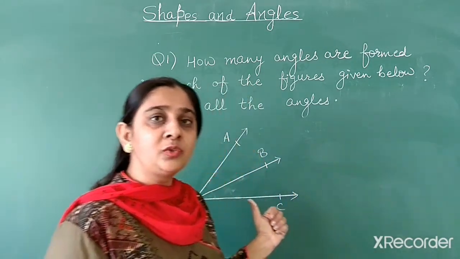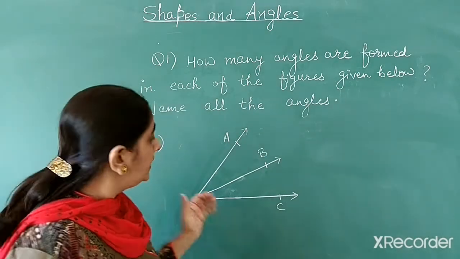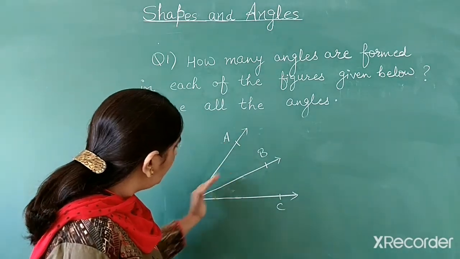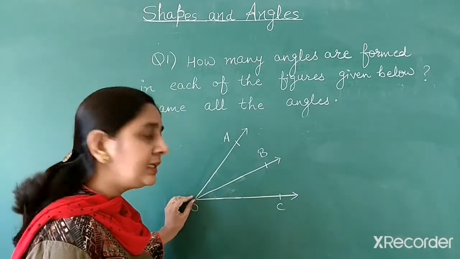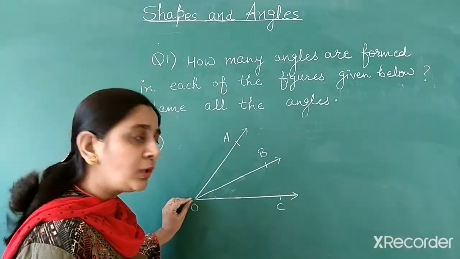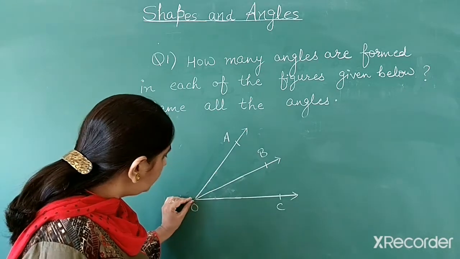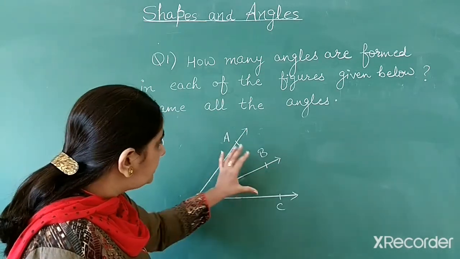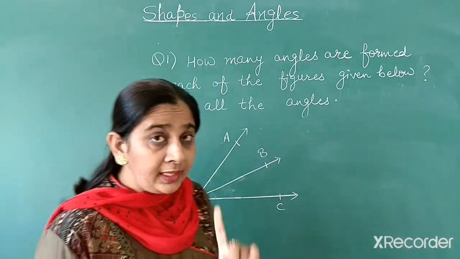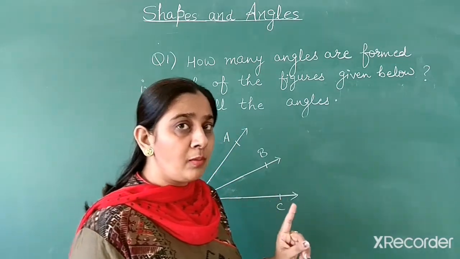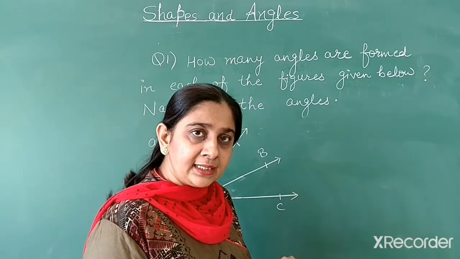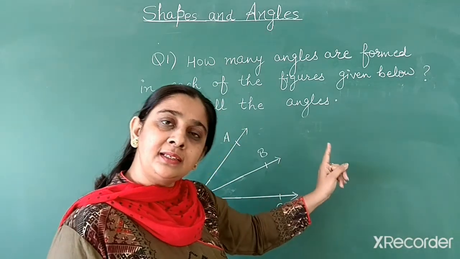But in this figure, you will see three different rays, OA, OB, and OC. They are meeting at a common end point, and that point is O. So, at the point O, these three rays are making more than one angle. So, first of all, one by one, we will mark all those angles and then we will write their names.